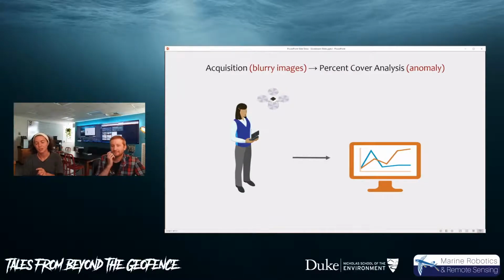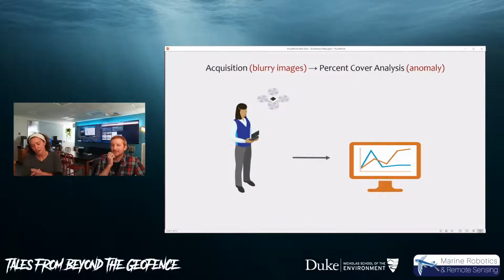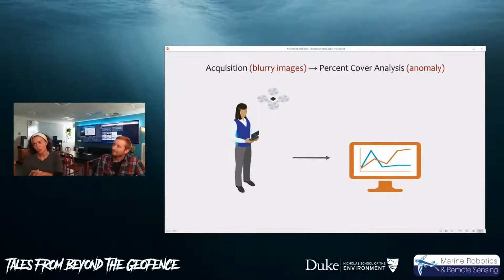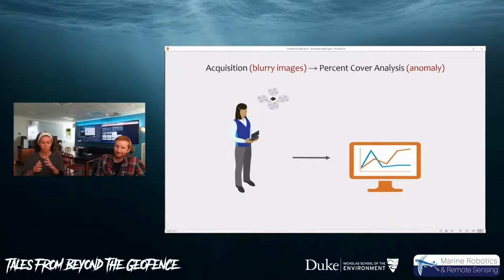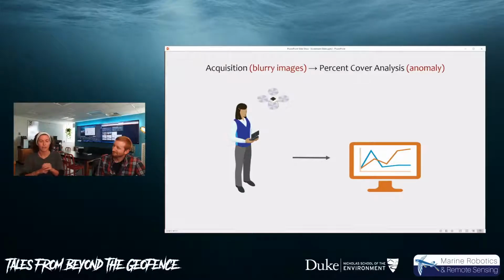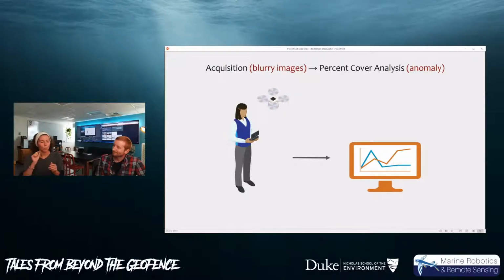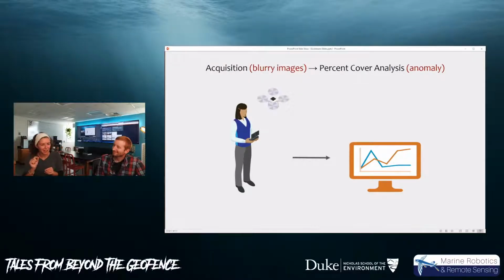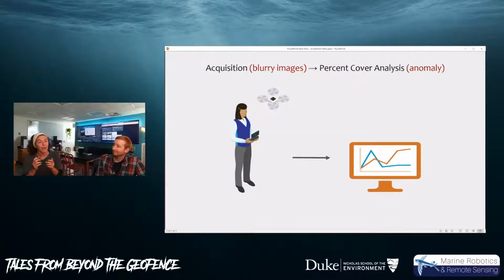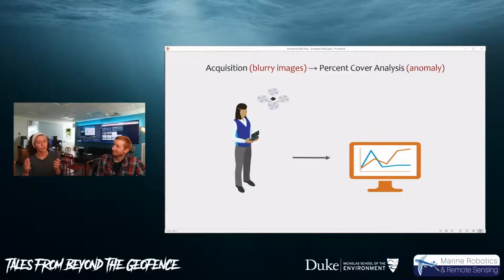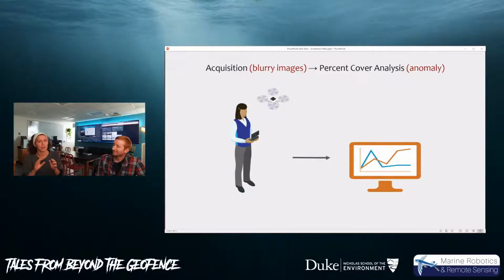This example illustrates how the ACE Basin site, in their acquisition of their imagery, in the flight photo taking stage, one little camera setting got switched, and that resulted in all their images being just a little bit blurry.